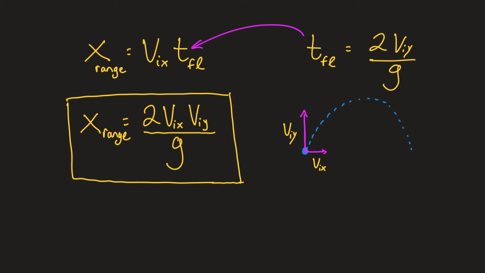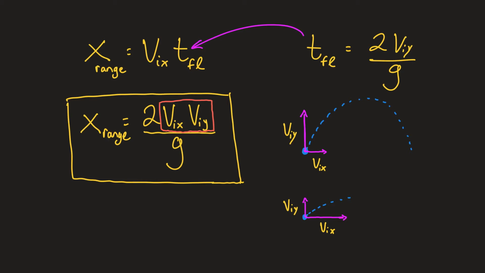But that vertical velocity is going to be decreasing. It's going to go all the way to 0 by the time you get up here. And that horizontal velocity is just going to stay constant the whole time. It's always going to be traveling to the right at exactly the same speed throughout the entire motion. But what you're seeing is that it's important to know both of these quantities right at the start, and they matter for determining what the horizontal range will be.